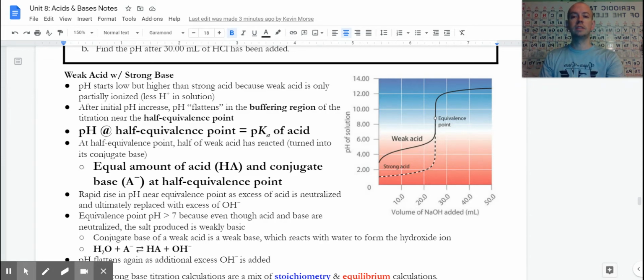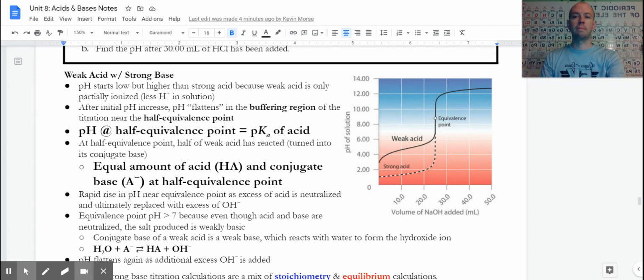And the reason that this is true is that we have equal amounts of the weak acid still in its acid form and the conjugate base in its ion form. We'll see in the Ka expression how that makes H equal to Ka by canceling out the A minus and the HA on the bottom. And we'll also see another equation that kind of supports and proves this to be true.